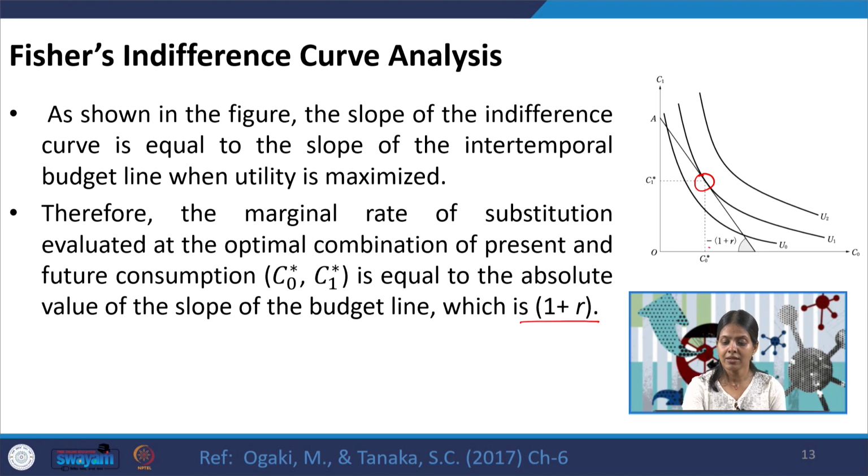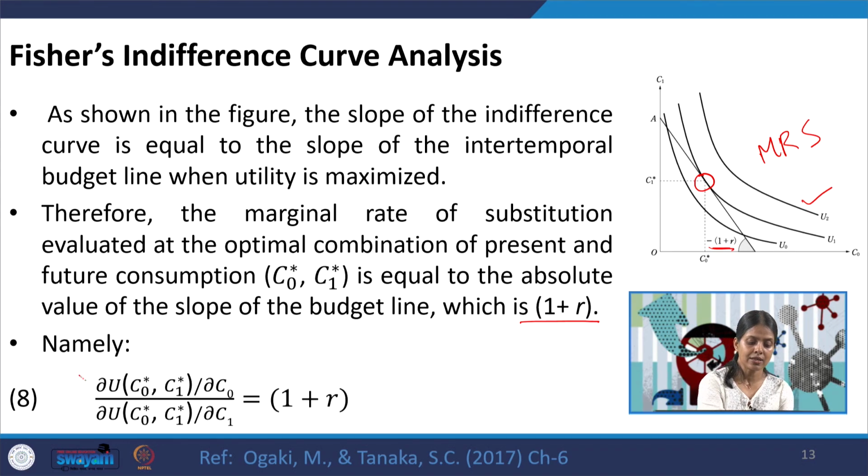The slope of the budget line is already mentioned here, and we have discussed that this is minus (1 plus r), the absolute value is 1 plus r, and the slope of the indifference curve is actually given by the MRS, that is the ratio of the marginal utility of present consumption divided by the marginal utility of next period's consumption.